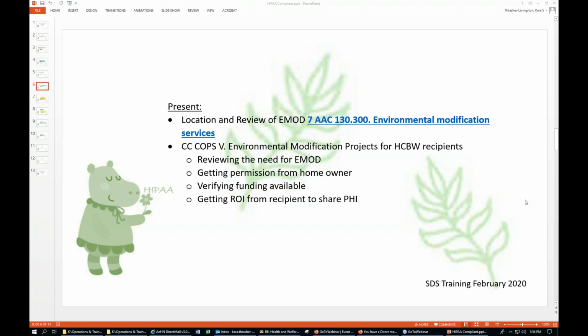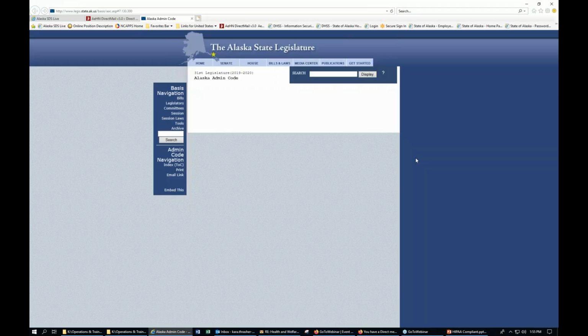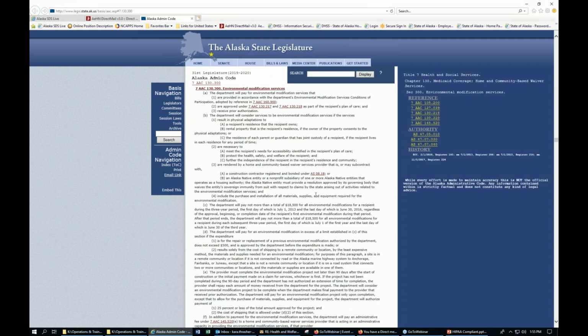So we're going to review environmental modification services, the regulation on the web, very quickly. Again, we don't have to sit and read this whole thing out for you. We just want you to be aware that there is a link to it there. It lays out eligibility for EMODs, and it talks more about what is an EMOD and what isn't an EMOD, and what the monetary limit of the EMOD is.